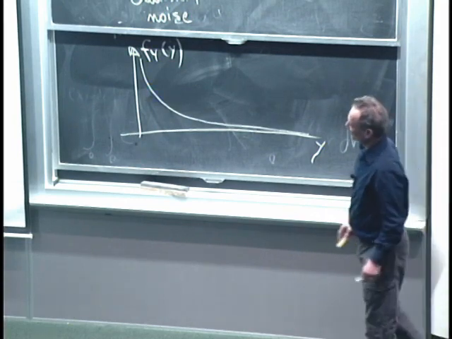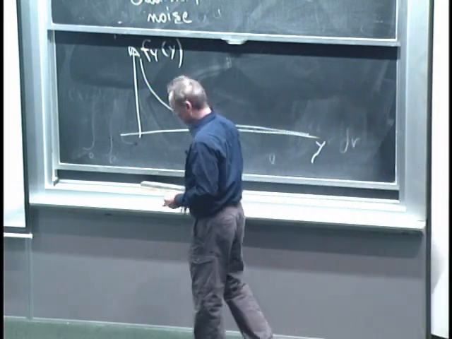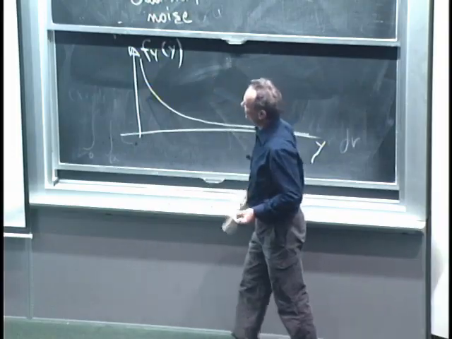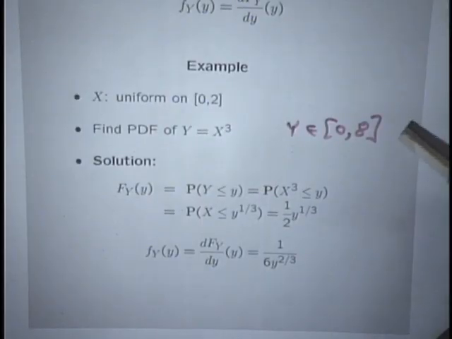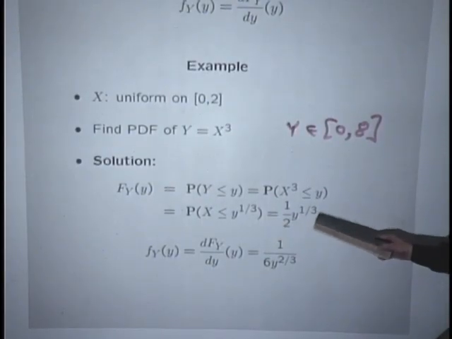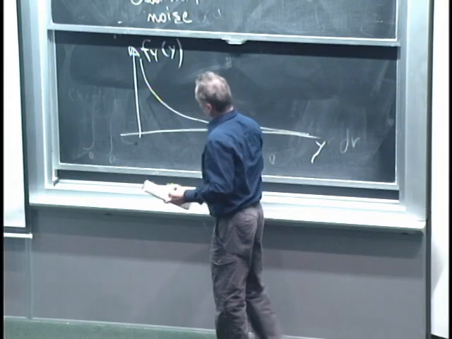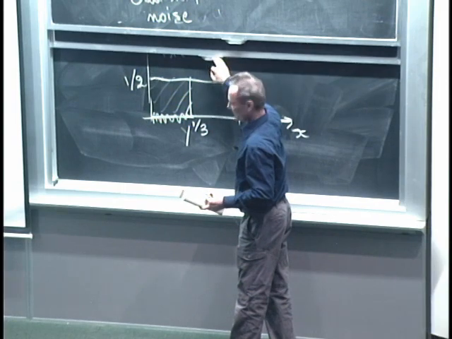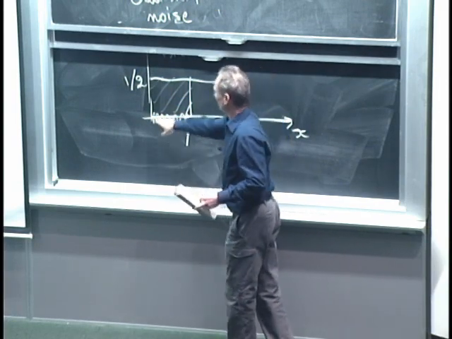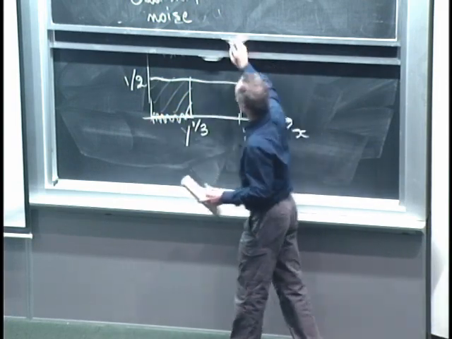What's wrong with it? Well, y only takes values from 0 to 8. This formula that I wrote here is only correct when the previous picture applies. I took my y to the 1/3 to be between 0 and 2.